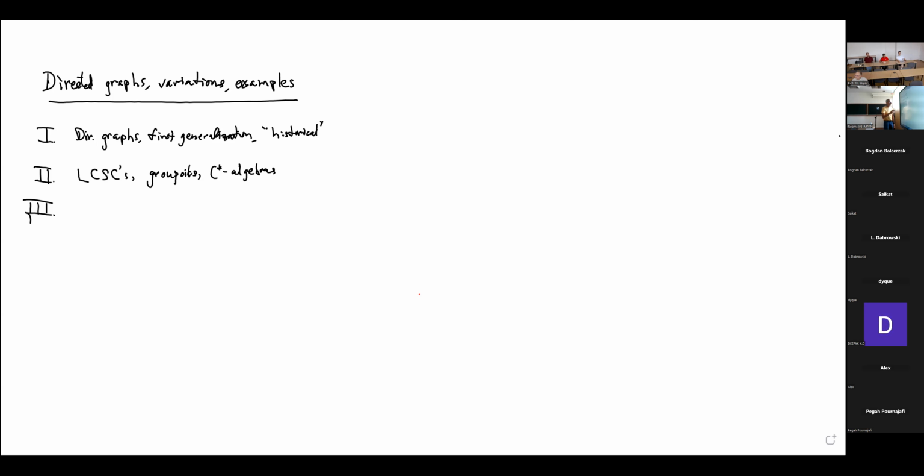So I want to tell you something about that. And I think there are some really interesting things outside of just the C-star algebra. So some examples, and these are related to continued fraction expansion.